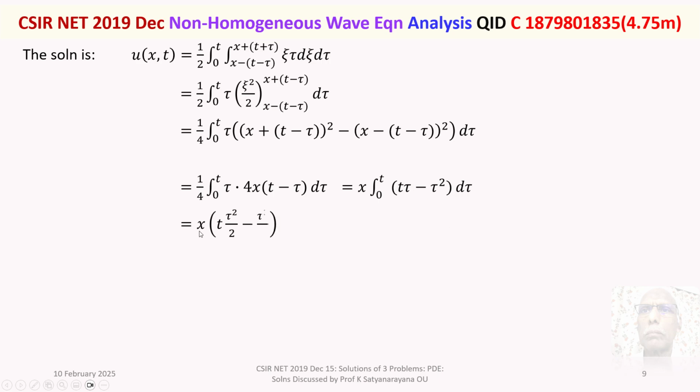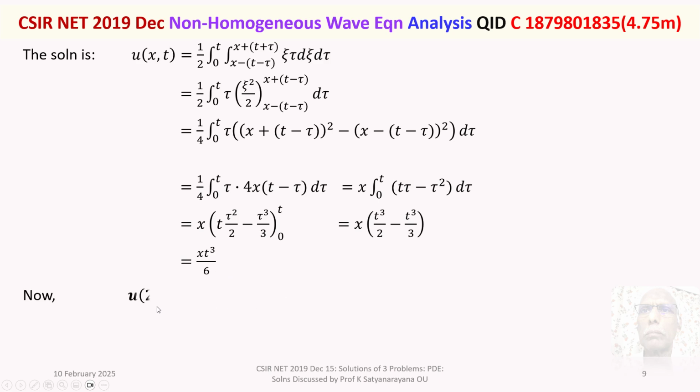This is equal to x times [t τ²/2 − τ³/3] to be evaluated between 0 and t. For the upper limit, x into (t³/2 − t³/3). For the lower limit, it is 0. And simplifying, we will get xt³/6.